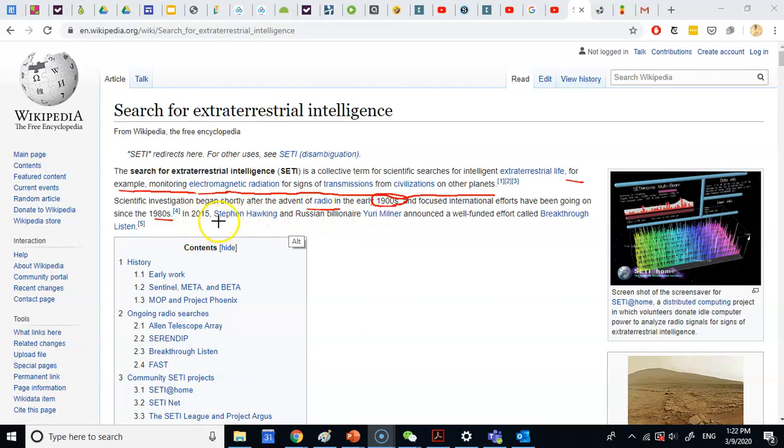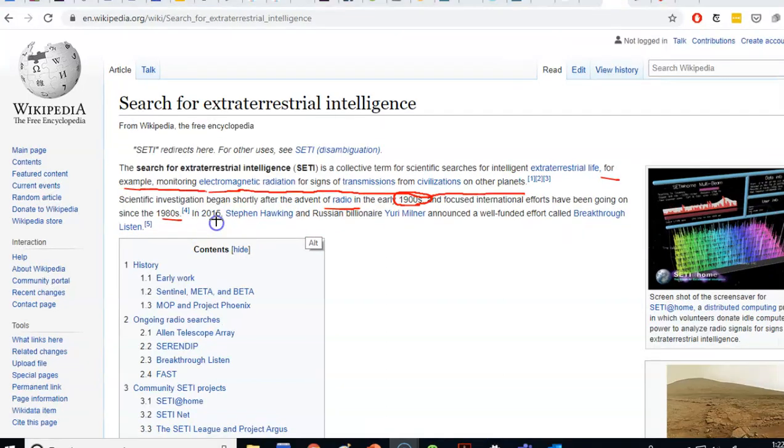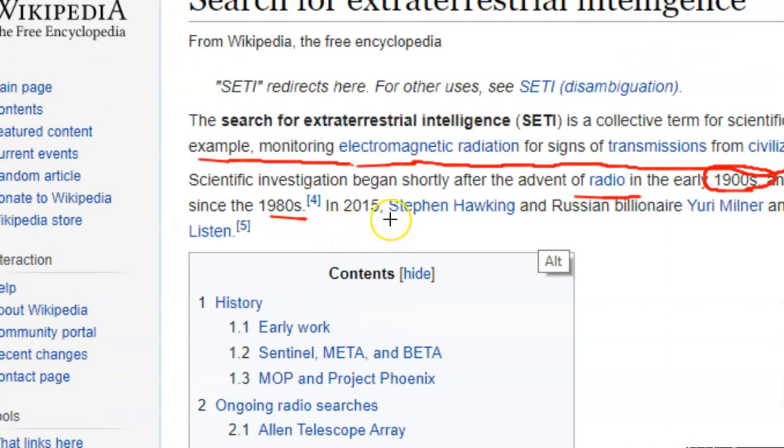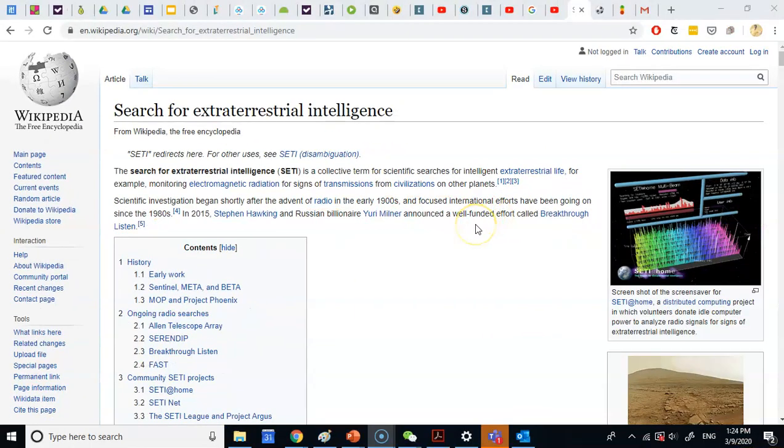In 2015, which is quite a new time, Stephen Hawking and Russian billionaire Yuri Milner announced a well-funded effort called Breakthrough Listen. Okay, so this is the link. If you want to get more information, it's up to you, no problem. Go ahead and read it by yourself.